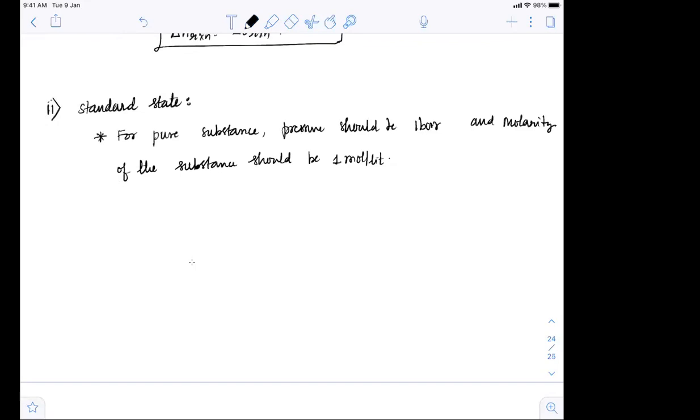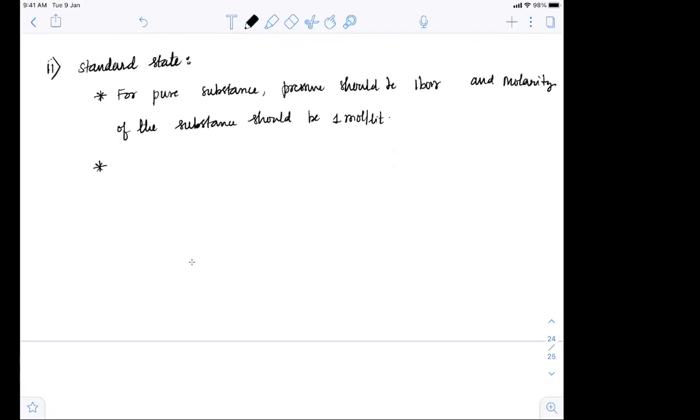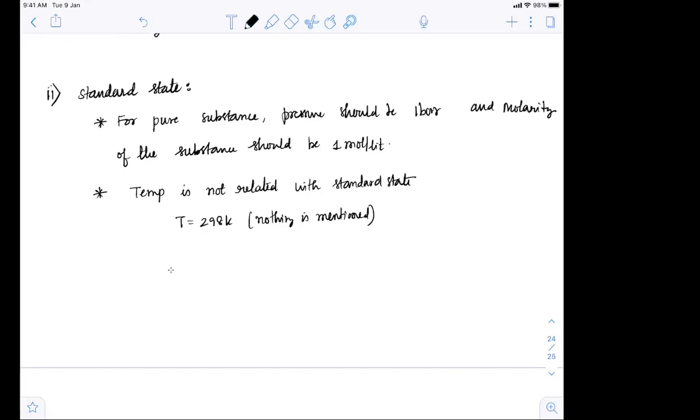Next, an important point is that temperature is not related to the standard state. But if nothing is mentioned, we always take 298 kelvins. This is the standard form in chemistry. If temperature is not mentioned, in the standard case it is always 298.